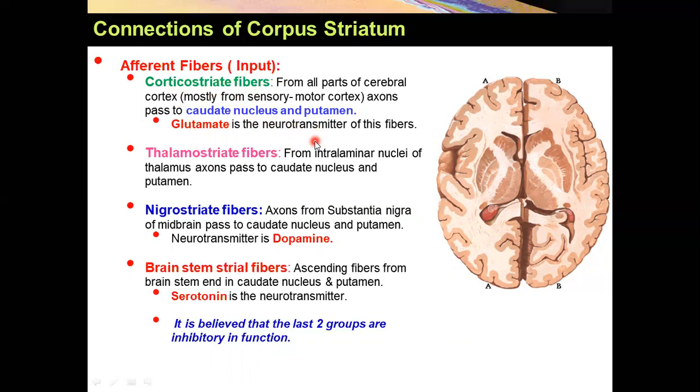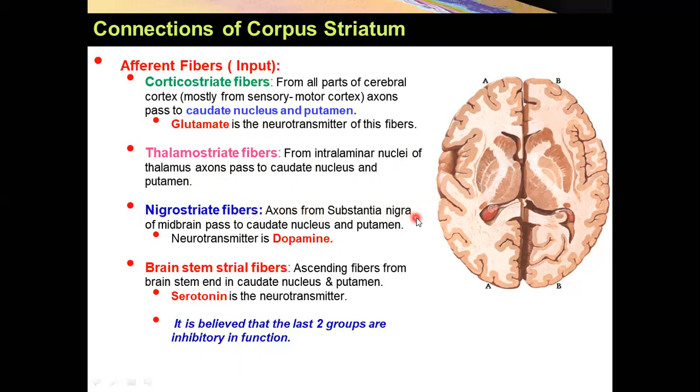And corpus striatum receives also inputs from the thalamus through the thalamostriate fibers. From intralaminar nuclei of thalamus, axons pass the caudate nucleus here, and also the putamen to here. Now, corpus striatum also receives afferent fibers from the substantia nigra. These fibers are called nigrostriate fibers.